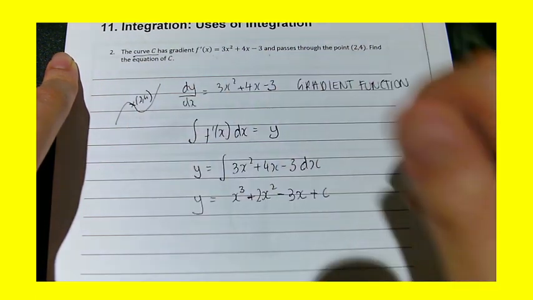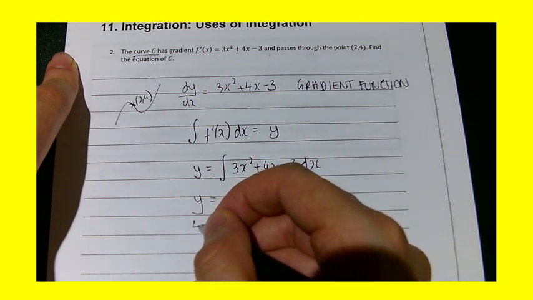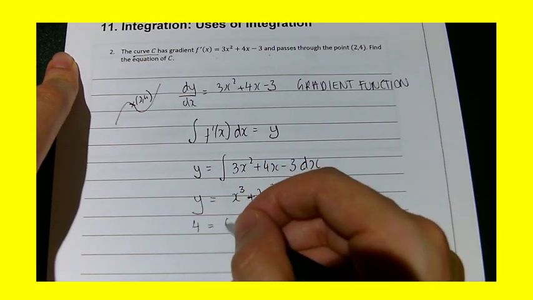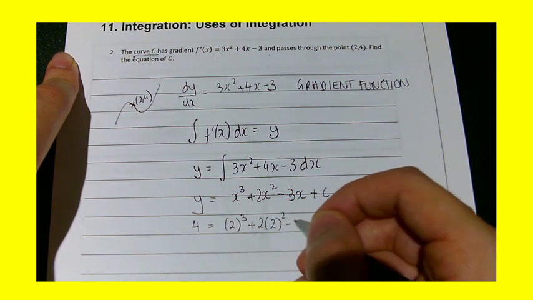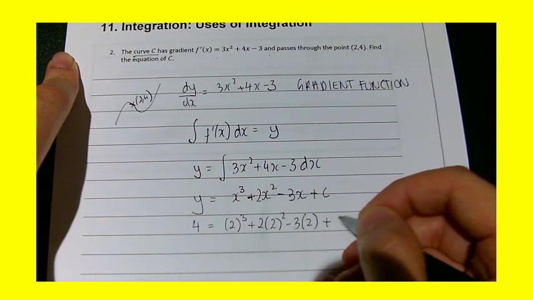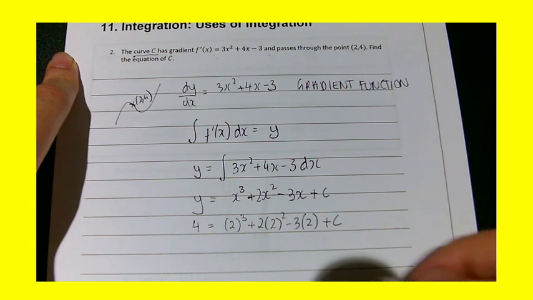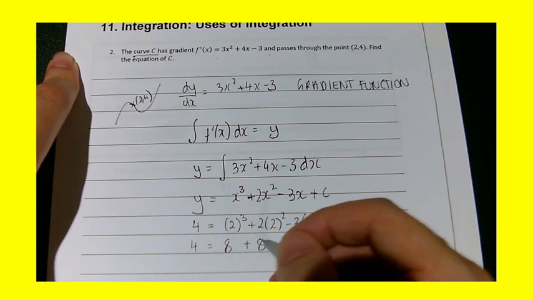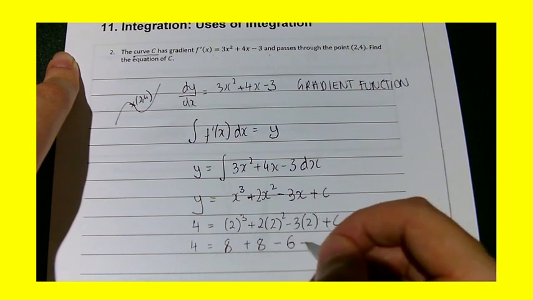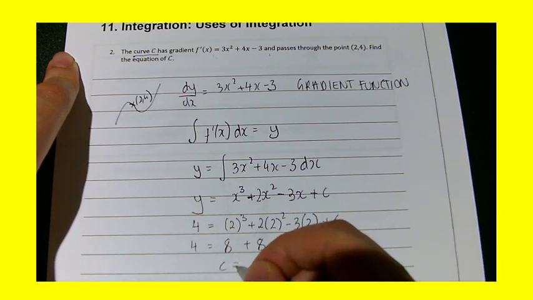We know that (2, 4) is on the curve. So if (2, 4) is on the curve, that means I can substitute in 2 for x and 4 for y and rearrange to get the value of c.